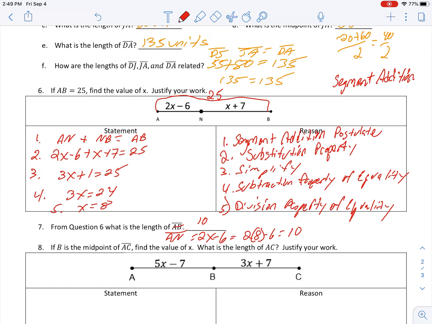So the length of AN is 10. If all goes right, NB should be x plus 7, or 8 plus 7, which is 15. And together, that 10 and 15 should add up to 25. Check. That's the length of that large segment AB.